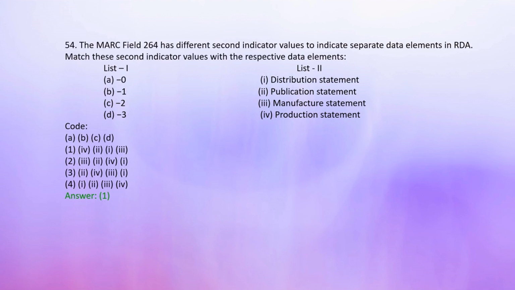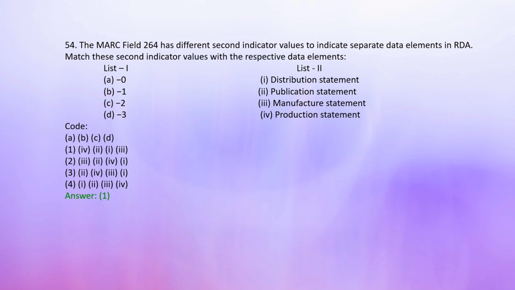Number 54, the MARC field 264 has different second indicator values to indicate separate data elements in RDA. Match these second indicator values with the respective data element. List 1 0, list 2 distribution statement, list 1 1, list 2 publication statement, list 1 2, list 2 manufacture statement, list 1 3, list 2 production statement.